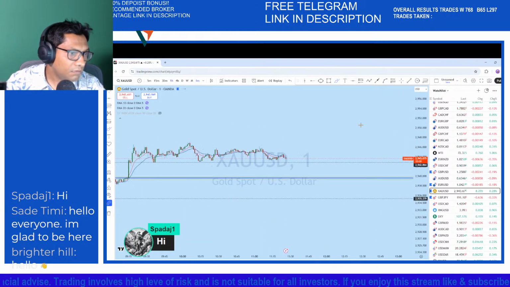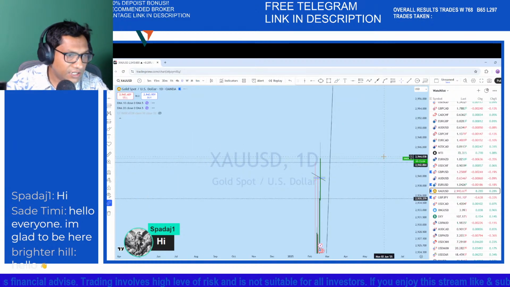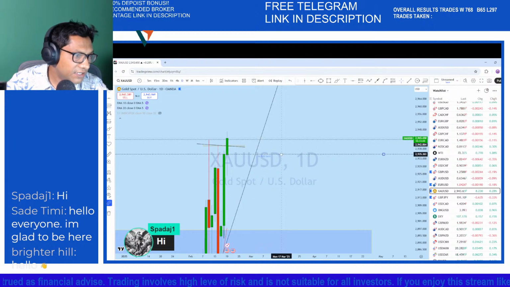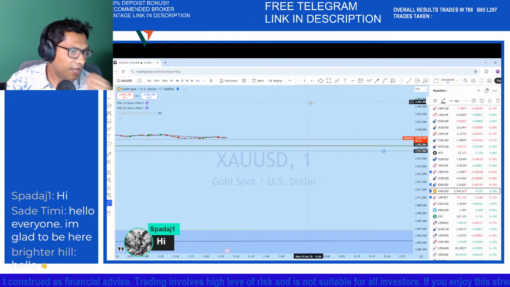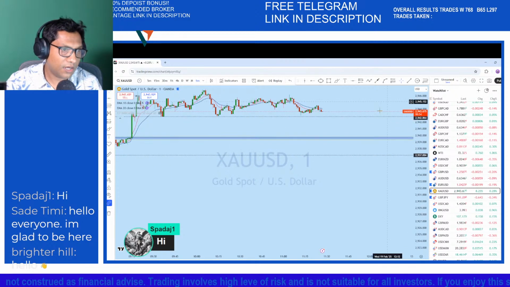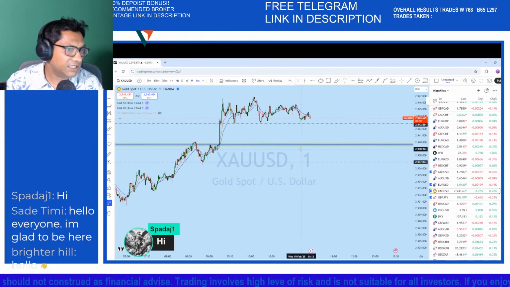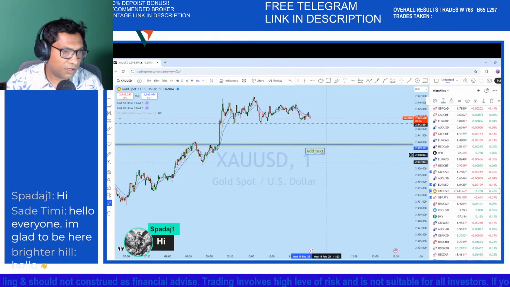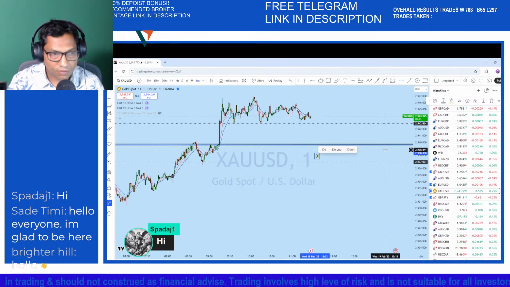So looking at the 1 minute chart, we can identify that level. This is the daily support, which is the resistance turning support. Looking at the 1 minute chart, I would like to mark that level. As you can see, this is a daily level in between that zone.